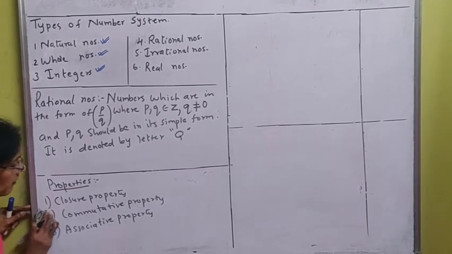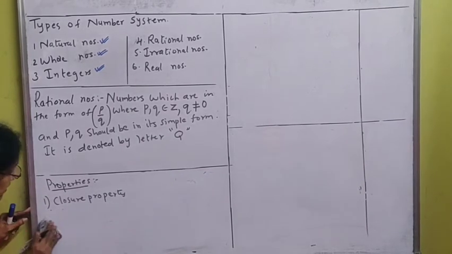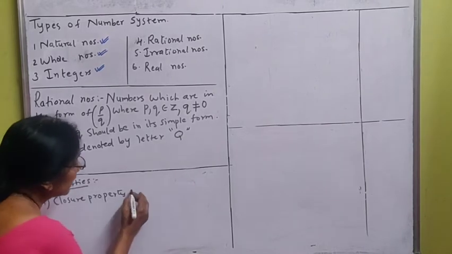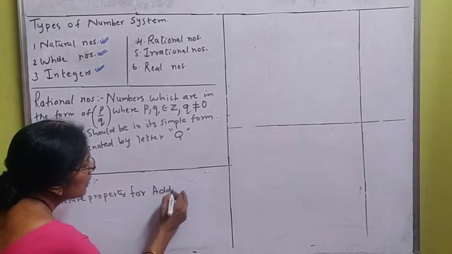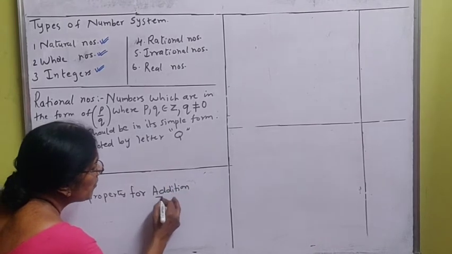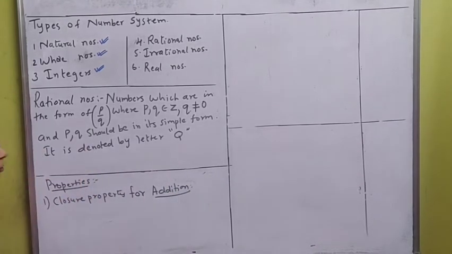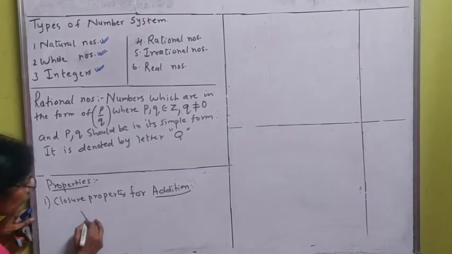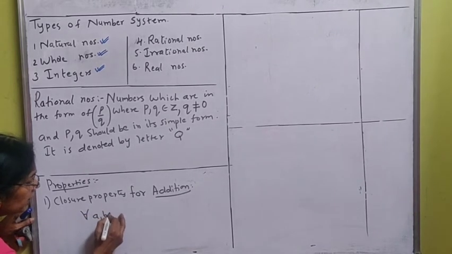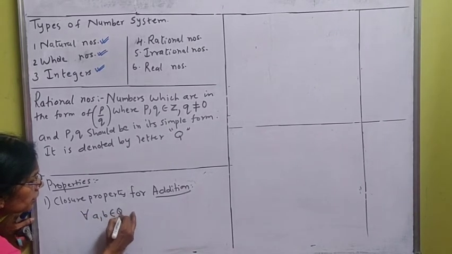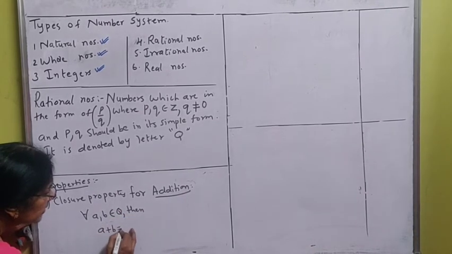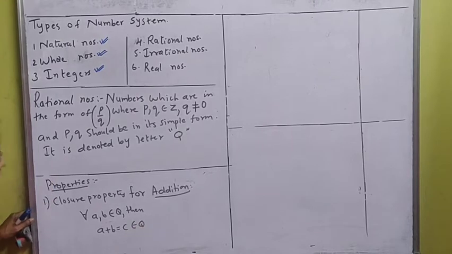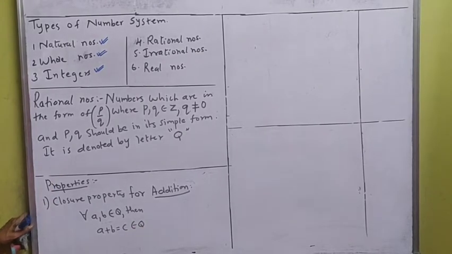Now let us start with the first property, that is the closure property, and the first fundamental operation, addition. Closure property for addition. What does the general rule say? For all a, b belongs to Q, a plus b is equal to c should belong to Q. Now let us take the examples.